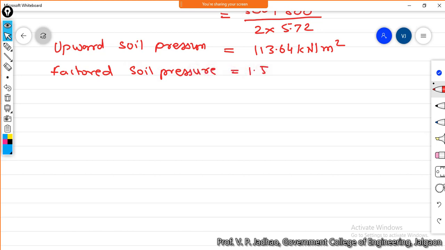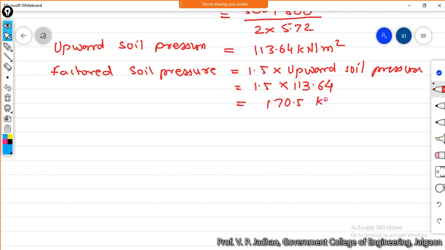So the factored soil pressure is equal to 1.5 into upward soil pressure, 1.5 into 113.64. We get this factored soil pressure as 170.5 kilonewton per meter square.